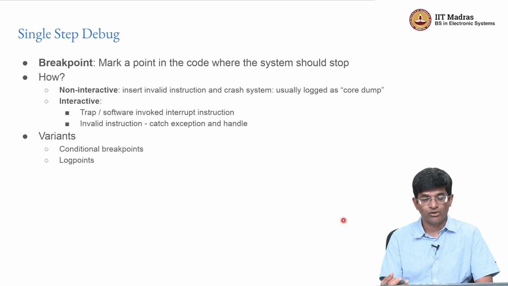And if you don't even have access to printf, right, you don't have a console, the even simpler version of that is to make use of an LED to indicate some kind of a sign of life that you have reached a certain point in your code. Now, obviously this is very crude.